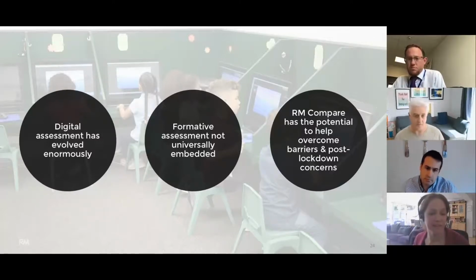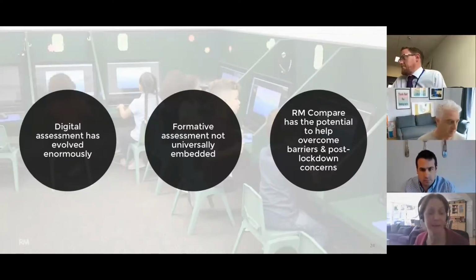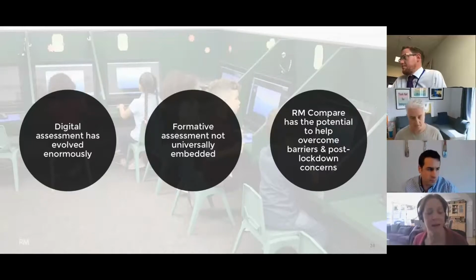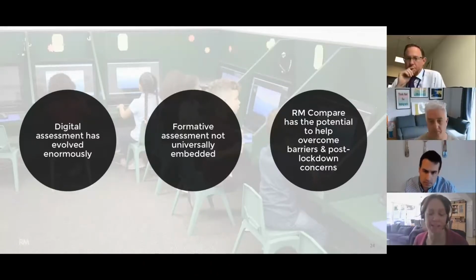Formative assessment is not yet universally embedded into the classroom, but there's clearly a big appetite there for it to be in many cases. And we can also see that RM Compare has the potential to overcome a lot of the barriers to improving formative assessment and also help answer a lot of the challenges that schools and multi-academy trusts are facing post-lockdown. And the other thing we've learned, of course, is that Mark really needs to practice his haiku writing. So we'll be keeping a close eye on that.